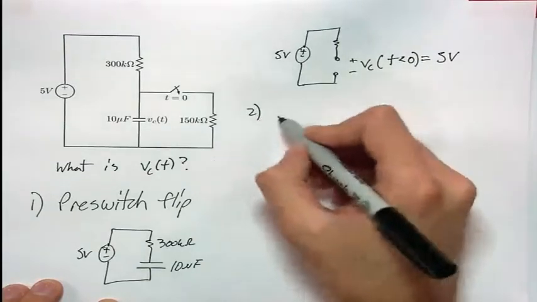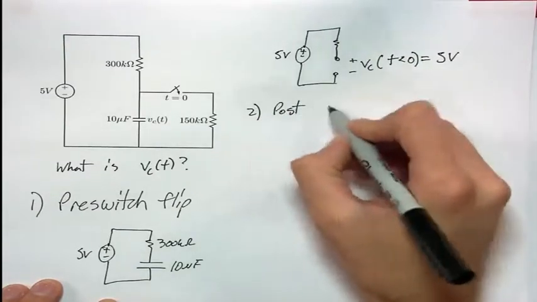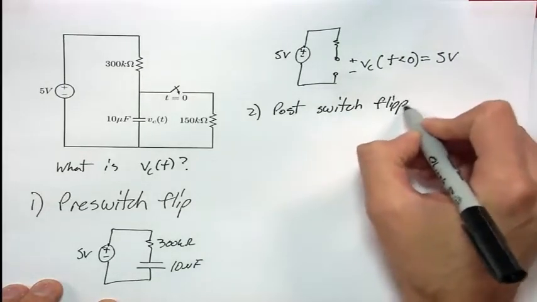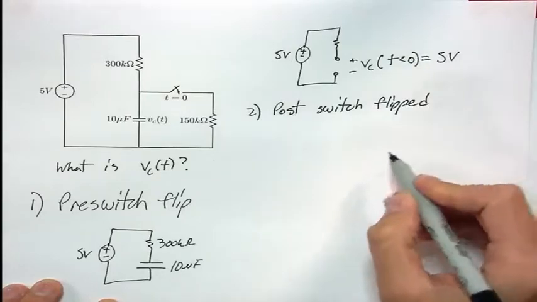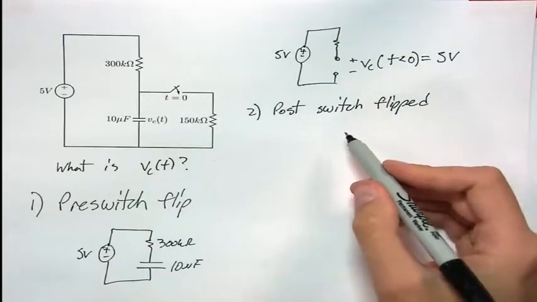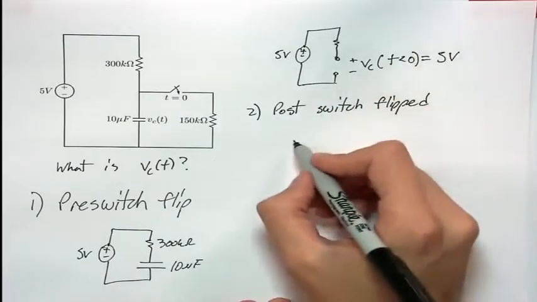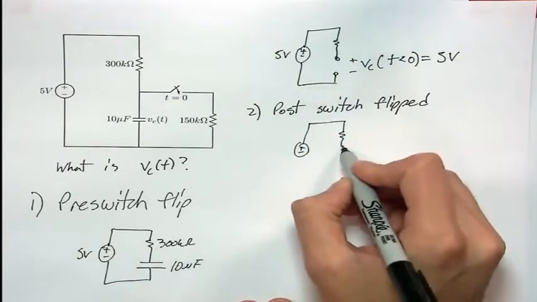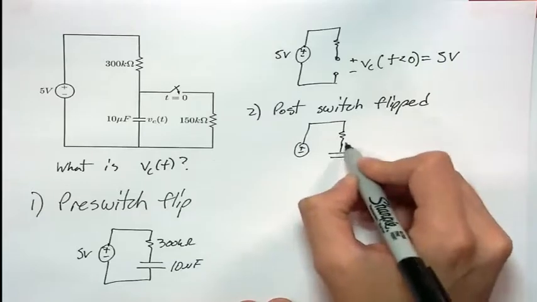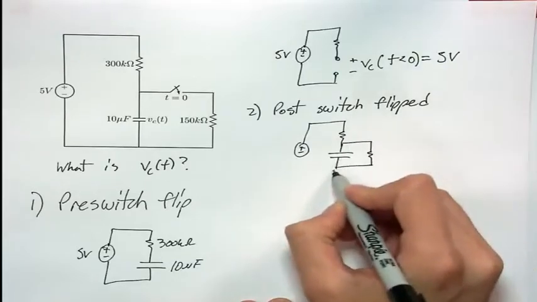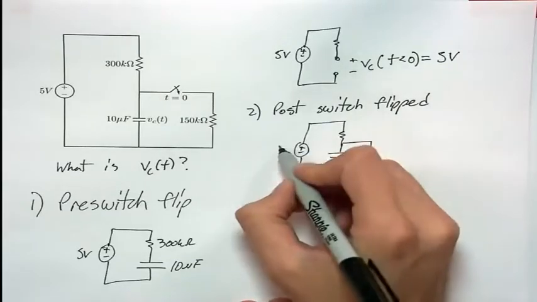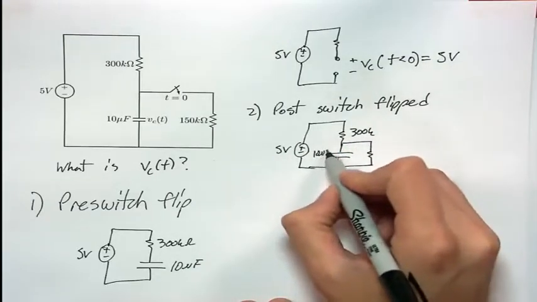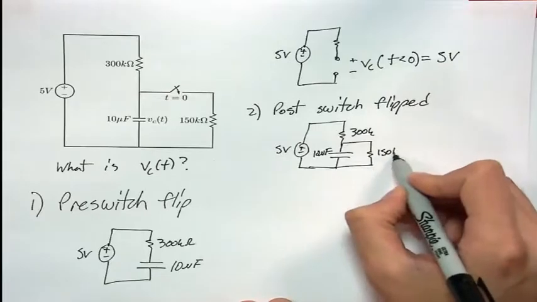Now we have our switch flipped. Now that our switch is flipped, we have our voltage source, resistor, capacitor, and our parallel resistor: 5 volts, 300K, 10 microfarads, and 150K.